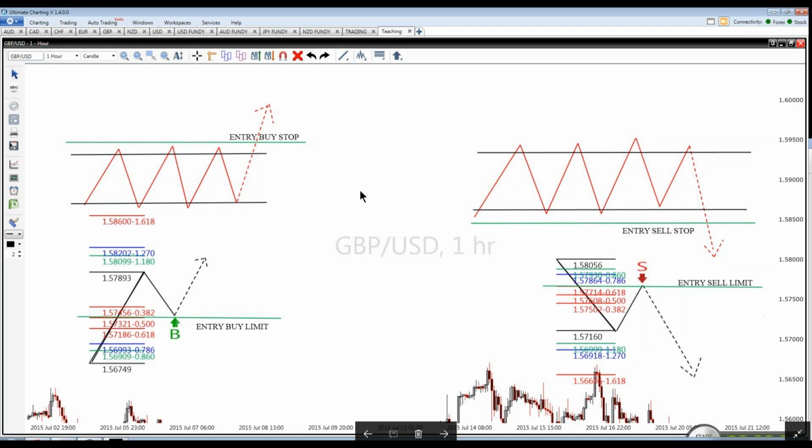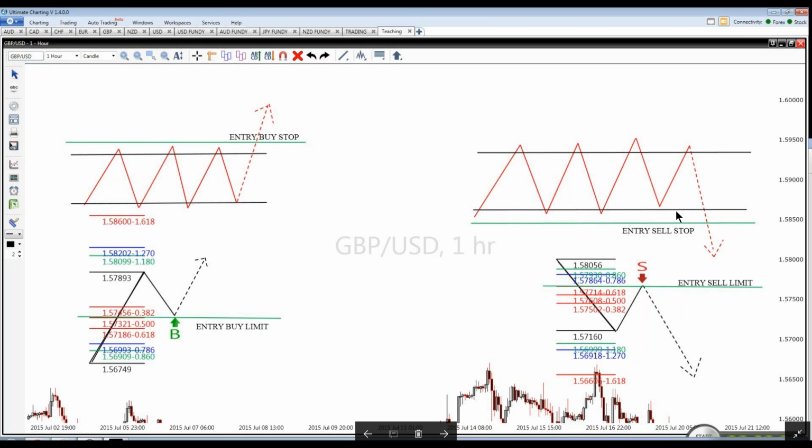So the entry buy and sell stop type orders that we're talking about are usually placed when the market is in consolidation, or in this case, when we're expecting a breakout, right? A pending entry buy stop is placed above the current market price, expecting that the market is going to head to that price, trigger me in, and continue in that direction.